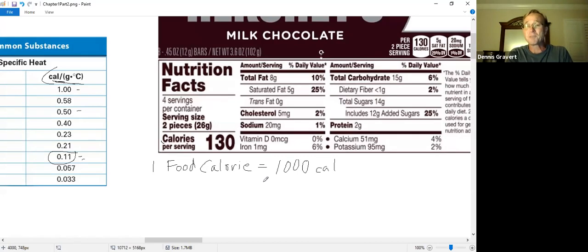They probably thought about one time putting labels on here with the actual scientific calorie. But if one food calorie is equal to 1,000 calories, then this candy bar would have to be labeled as 130,000 calories. That's what it is in terms of scientific calories. And who's going to eat that, especially if they're trying to watch their weight? 130,000? No way.